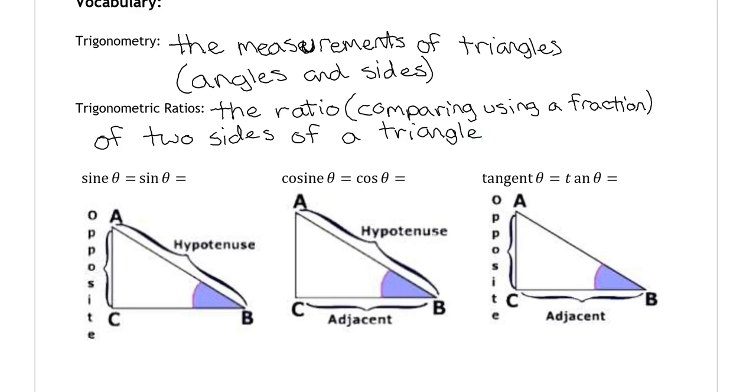And we have three trigonometric ratios that we are going to use. We have sine, cosine, and tangent.